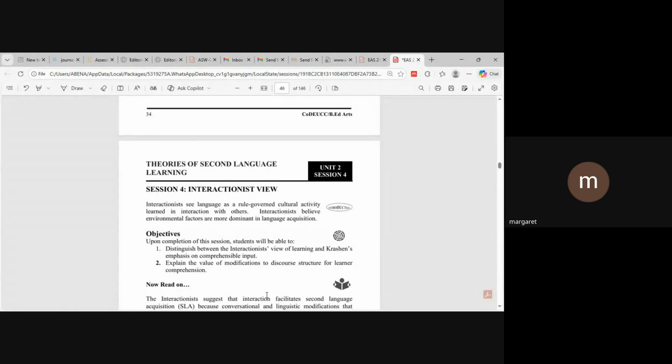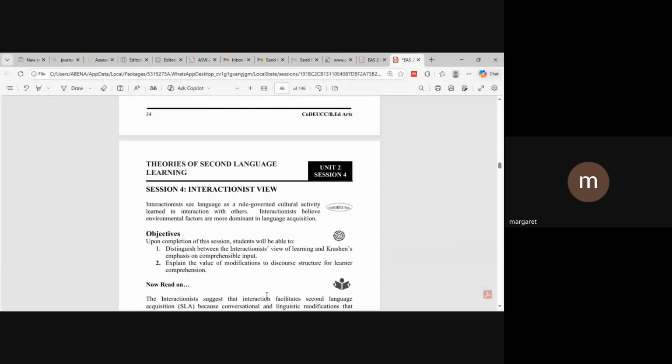But with the interactionist point of view, input can come from any aspect of the learner's environment, even from peers. Input can come from a more knowledgeable person, who could be the teacher, a peer, or someone else.